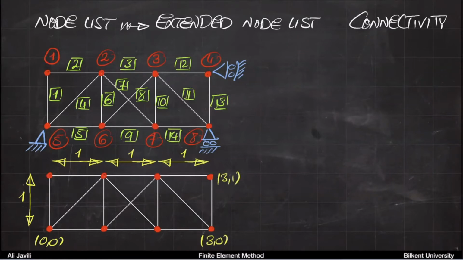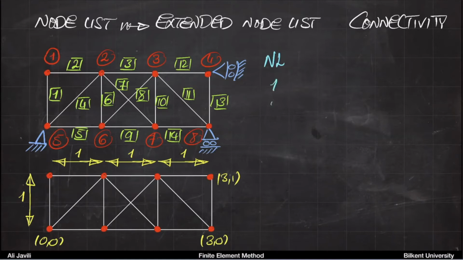All right. So now if you want to write the node list for this system, it's not something that you want to write, it's something that you must write. You have the node list number first. So let's put this here. And then you have what? 1, 2, 3, 4, 5, 6, 7, 8 nodes.